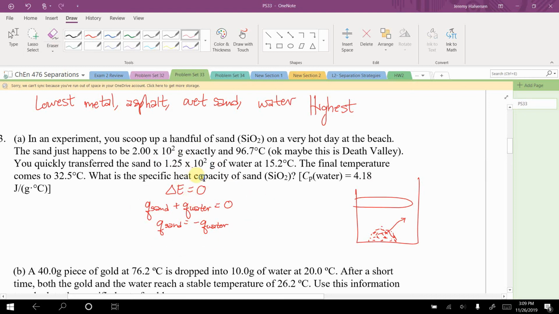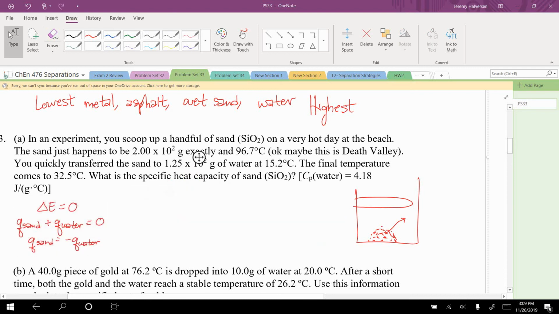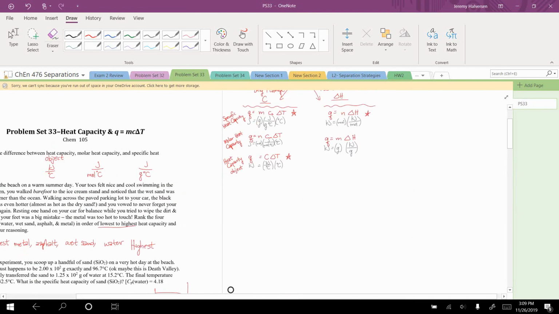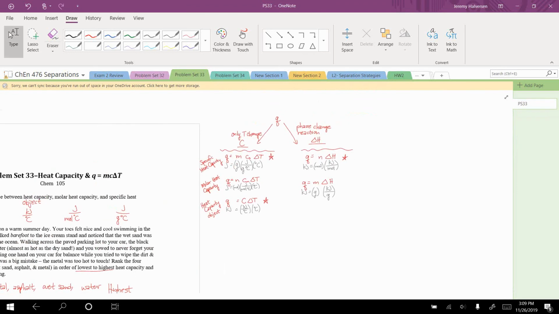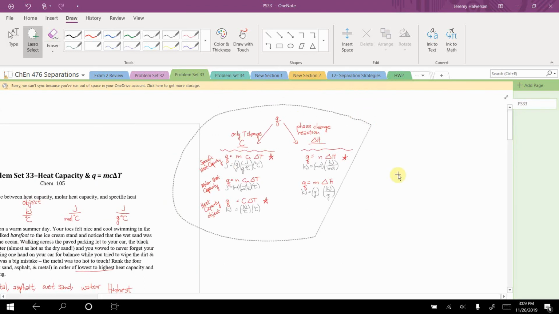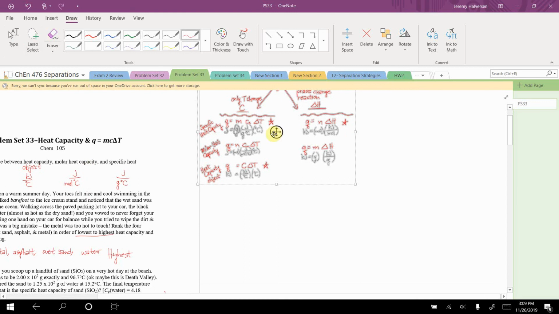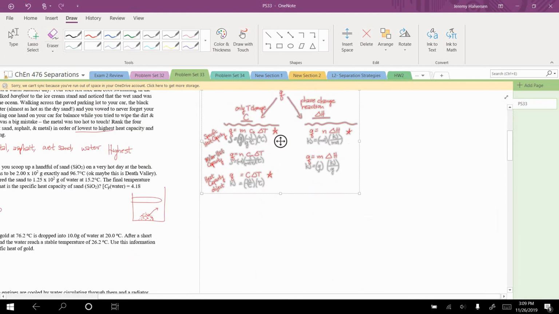What I'm going to need is to break down these Q values for Q sand and Q water into variables that we can measure. If you remember, in the last video, that's what we did. We created equations for Q and broke them down into variables that we can measure. Just going to move this down so it's more accessible.